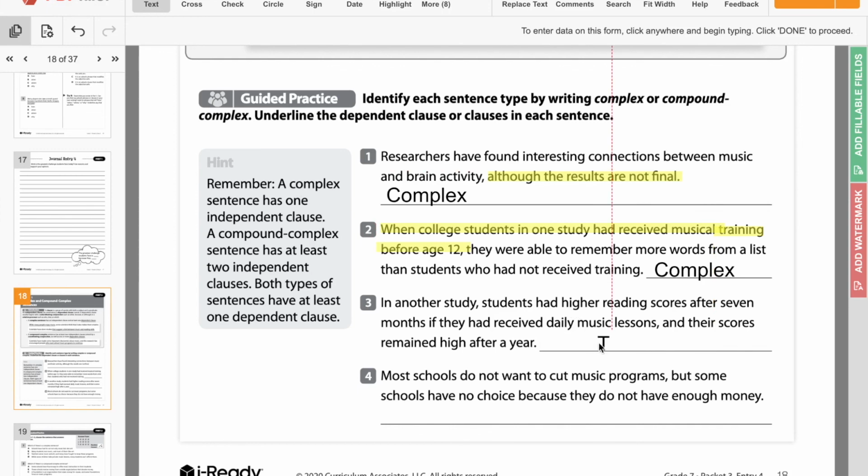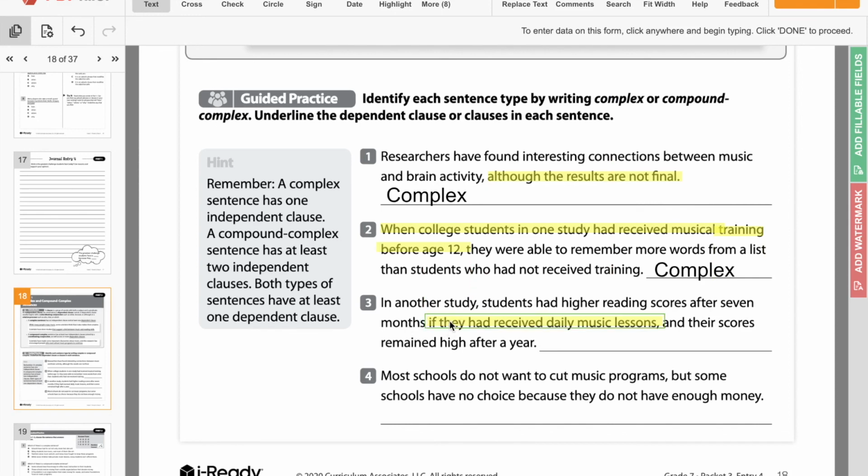Now, if I said, if they had received daily music lessons, does that make sense on its own? No. The way that you separate one independent clause from a dependent clause is that both of those have to have a subject and a predicate, right? So, students is our subject, had is our predicate, okay? That's how we know that a clause has started, because we have a subject and a predicate.